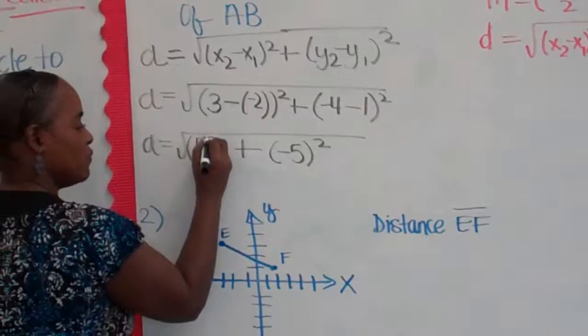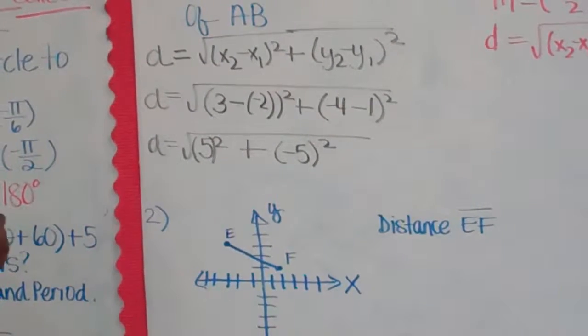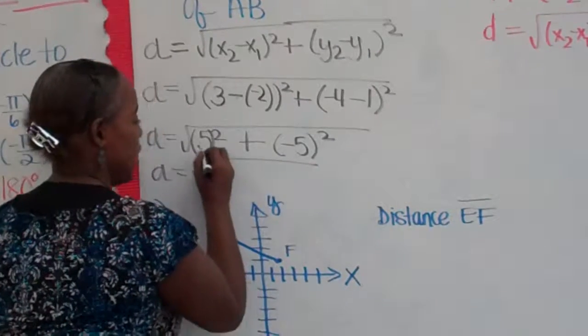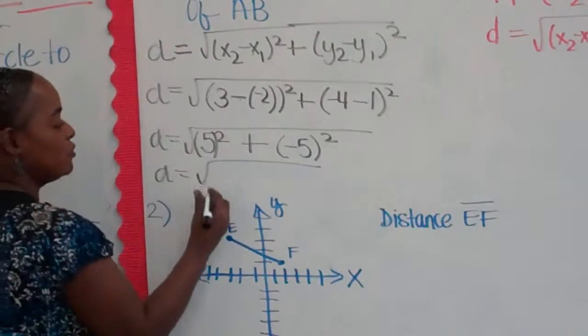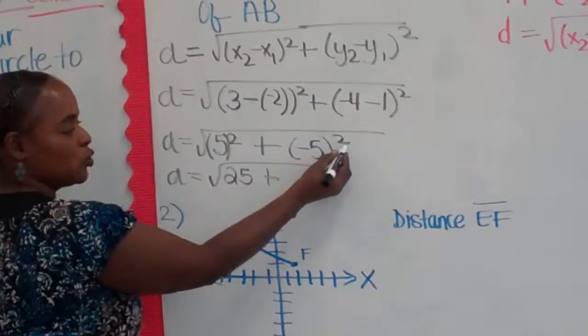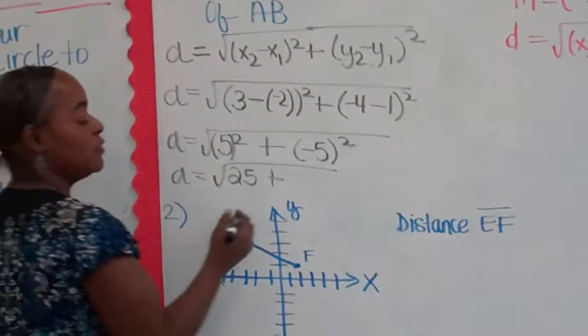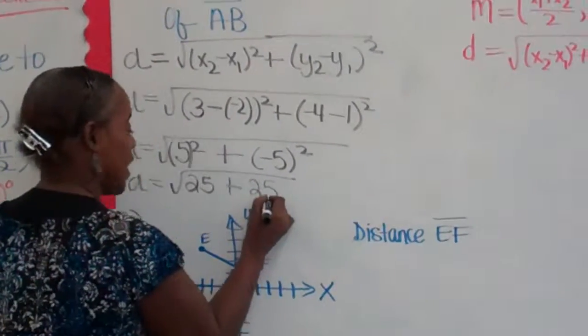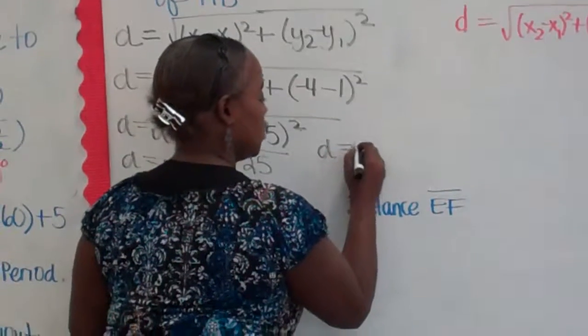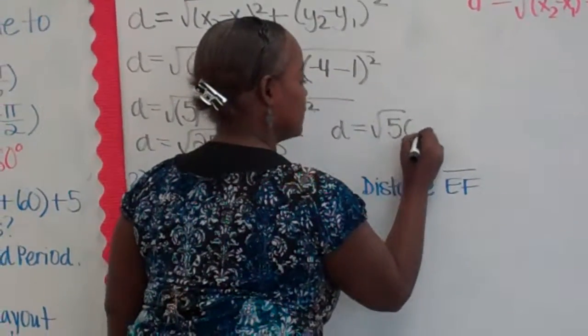So I have 5 squared plus (-5) squared. D is then equal to the square root of 5 squared, 5 times 5 is 25, plus (-5) squared, -5 times -5 is also +25. So I have D equals the square root of 50.